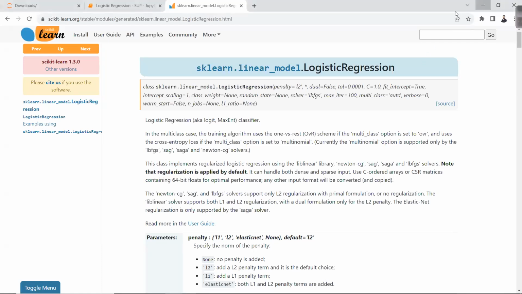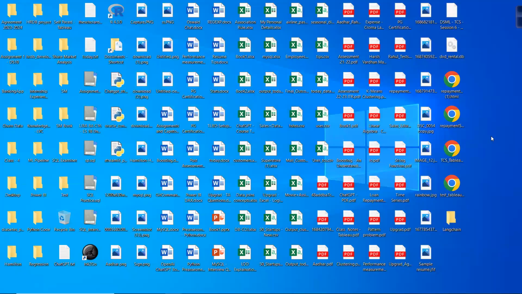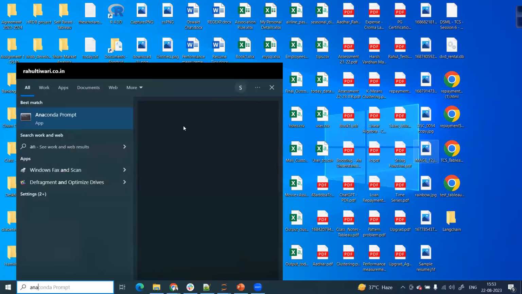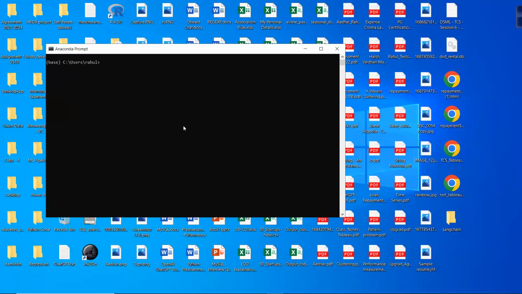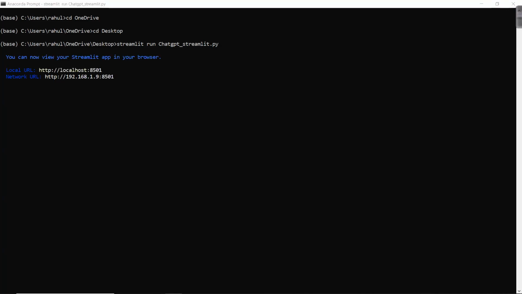I'll show you one of the ChatGPT apps, so that you guys will get excited as well. What I did is I connected ChatGPT with a MySQL database on my local machine. This is going to hit the MySQL database.